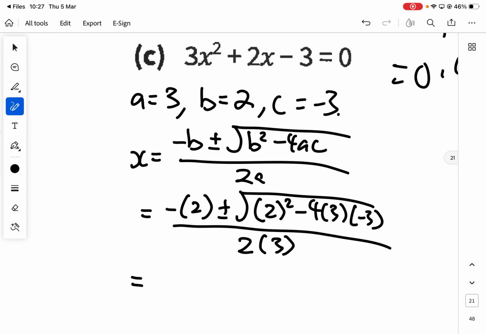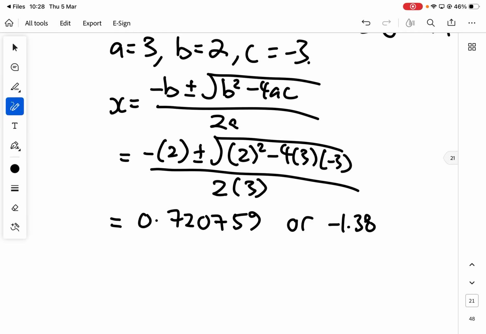Okay, part D. A is 1, B is negative 1, C is negative 5. Okay, math error for which question? Your A is wrong.